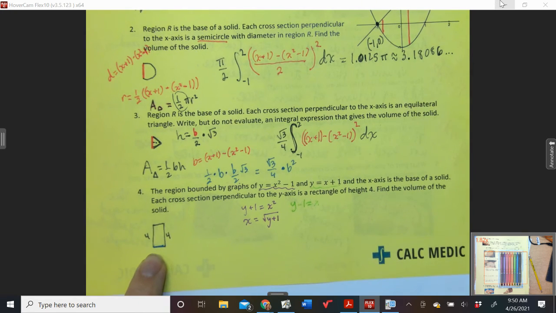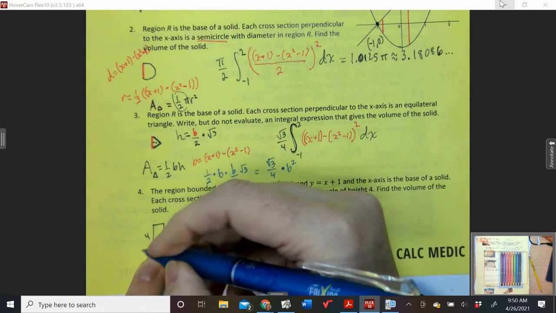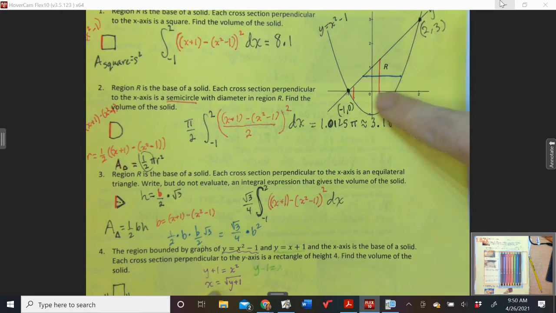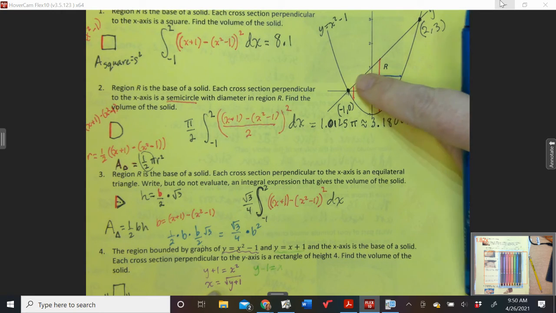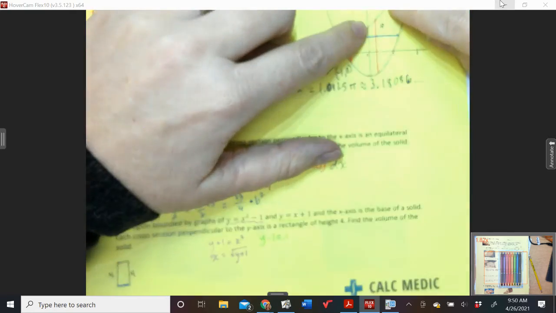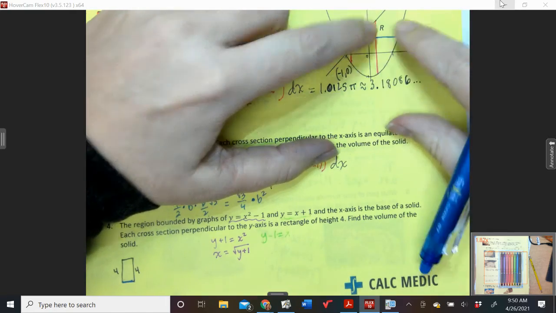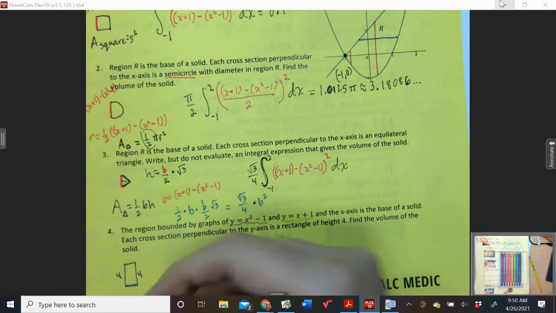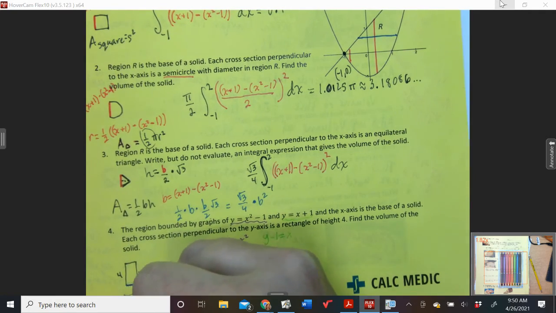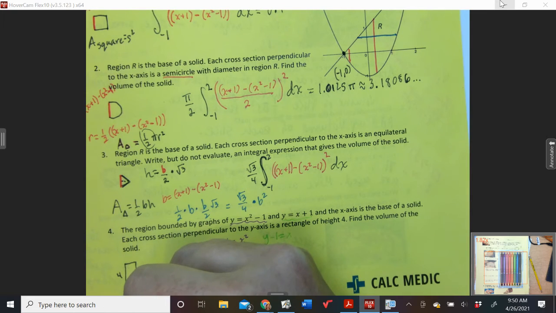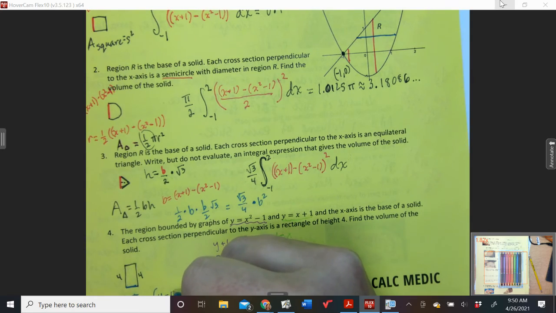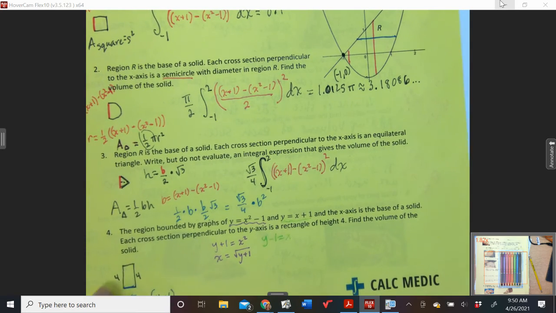So this little length right here, this curve is first because it's the furthest away, and the line goes second. So this happens to be curve minus line. So my curve is square root y plus 1 minus y minus 1. So there's my equation for the length.